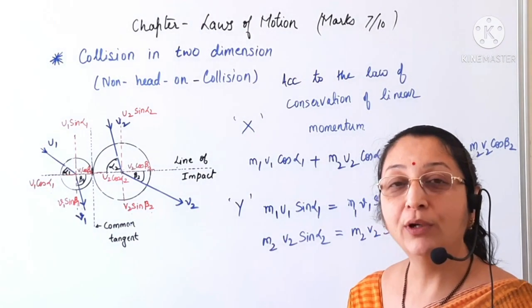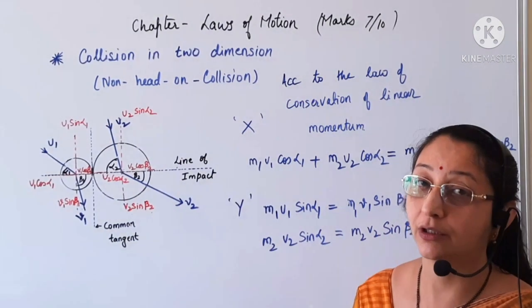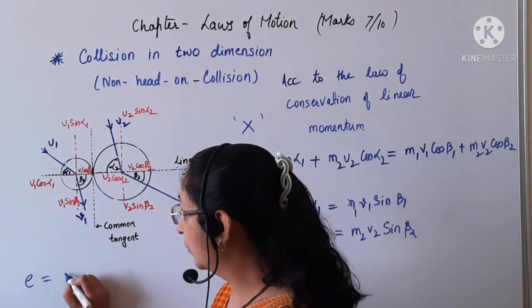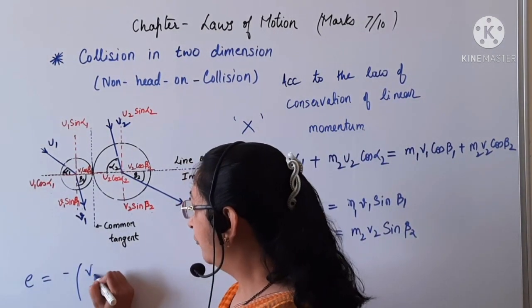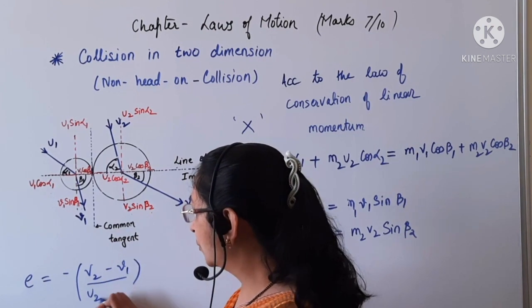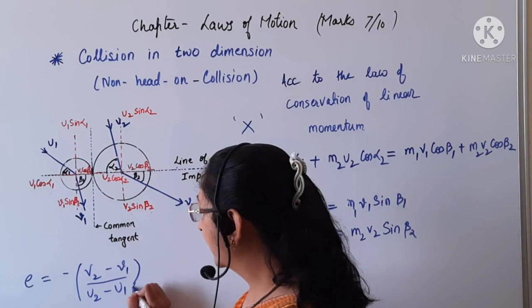Now the formula for the coefficient of restitution, which we derived initially, is e equal to minus of (V2 minus V1) upon (U2 minus U1).